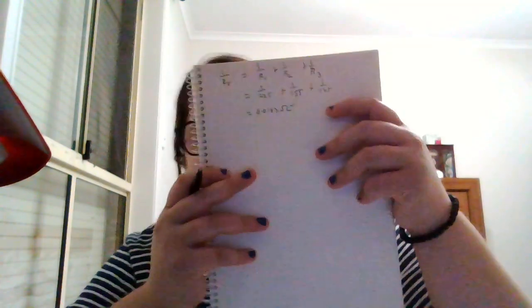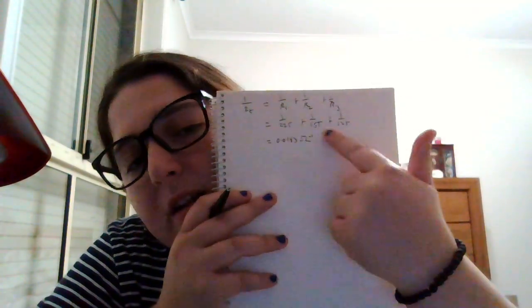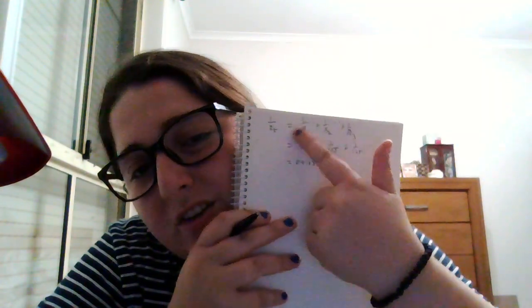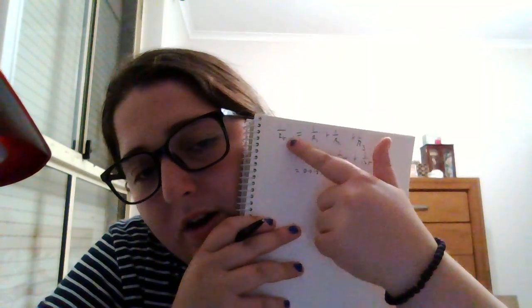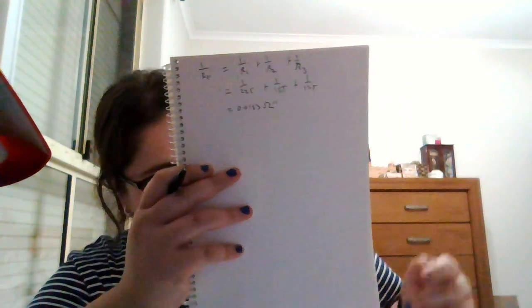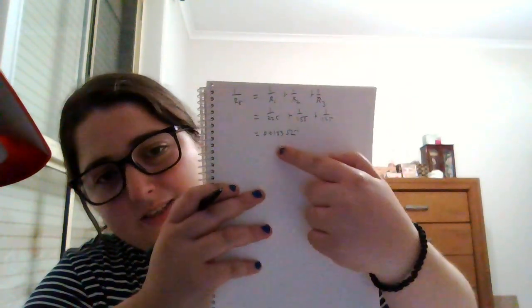Okay, so once you've calculated this out, you're not done yet, because this is 1 divided by RT is equal to that. So for this here, you need to divide 1 by this number. So RT is equal to 1 over 0.0183, and that is equal to 54.6 ohms.